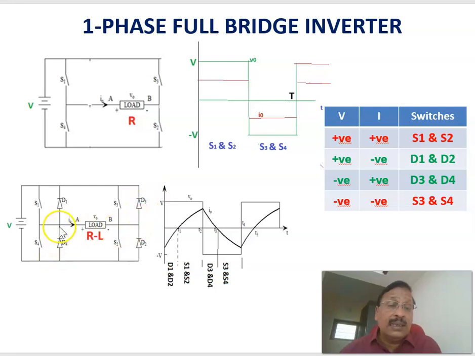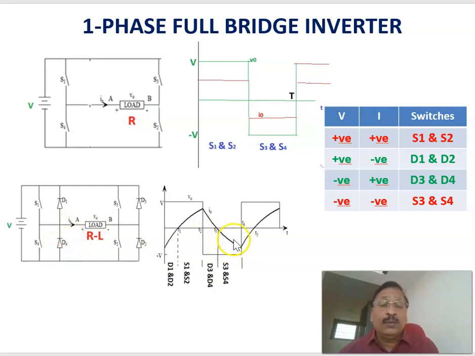When D3 and D4 are conducting, current is in the same direction, positive. At the same time, here you are getting a negative voltage with respect to this one, but the current is positive. Therefore, from T2 to T3, D3 and D4 are conducting, the third mode as such.